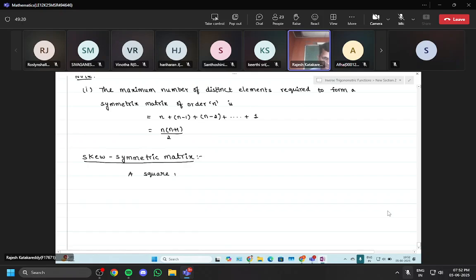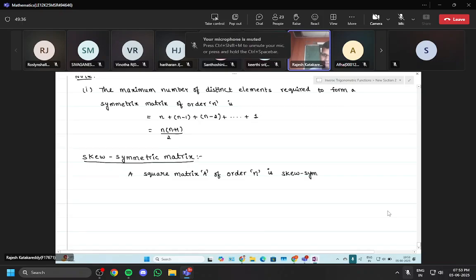A square matrix A of order n is skew symmetric if A transpose is equal to minus A.